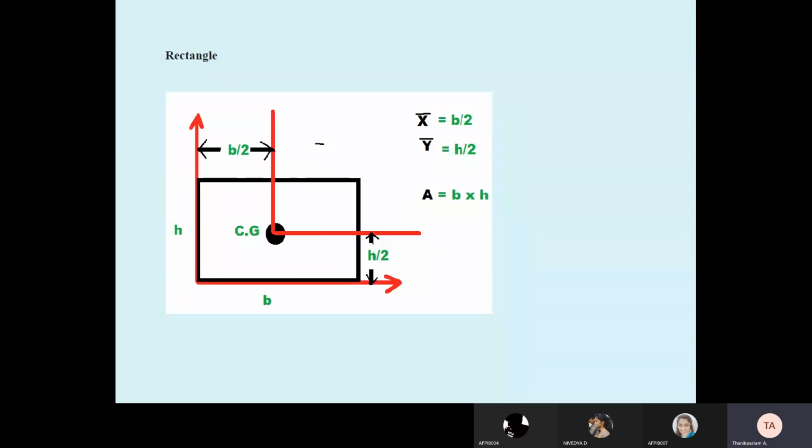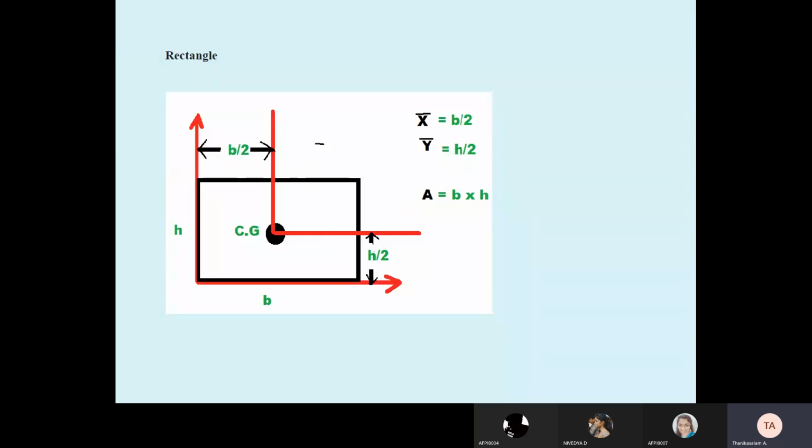Students understand? We have drawn the reference axes, x-axis and y-axis. If you draw a y-axis, what is this y-axis the reference for? X bar. If you want to find x bar, the y-axis is the reference axis. Suppose you want to find y bar, the vertical center. What is the reference axis?